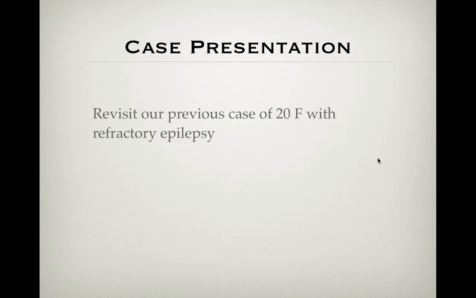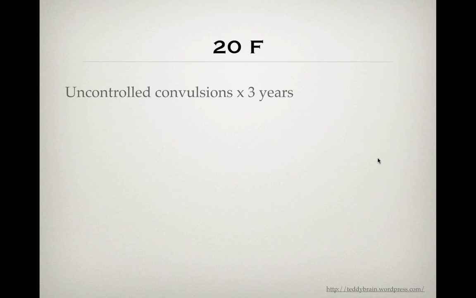So again, this is our 20-year-old female with seizures that were not controlled with medication, or refractory epilepsy. So 3 years uncontrolled with medicines. She did have that fever as an infant, which oftentimes can cause that scarring on the brain and lead to seizures later on in life.